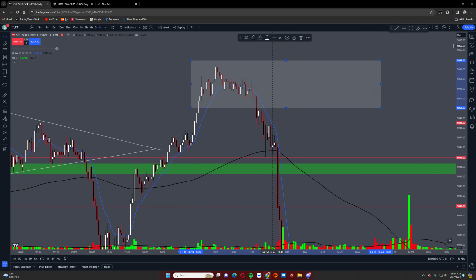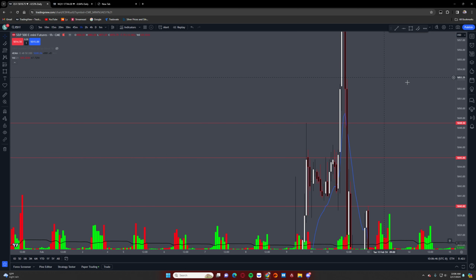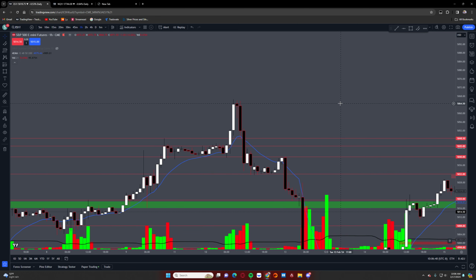This is just an example of where I was looking to grab shorts. And I will say that this setup right here was strictly order flow. Honestly, just pure order flow.